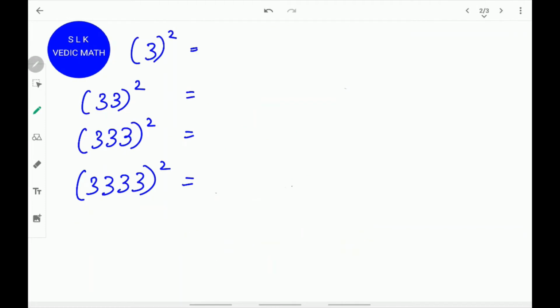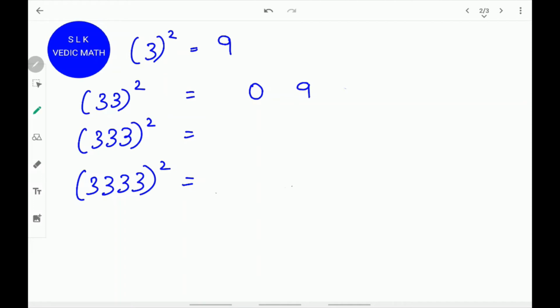Now let's see how to square numbers with 3. As you all know, 3 square is 9. Let's see how to do 33 square. Write 9 as 09 with a little space between.